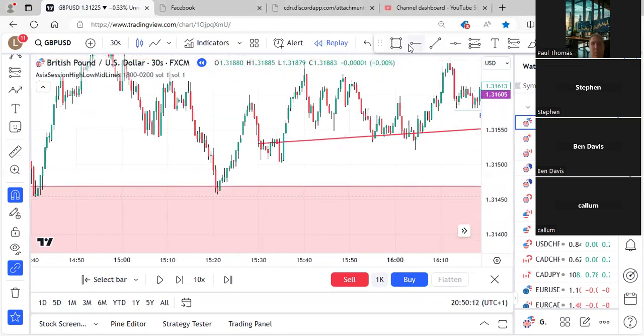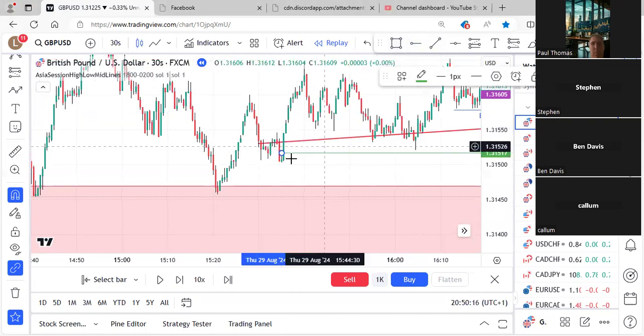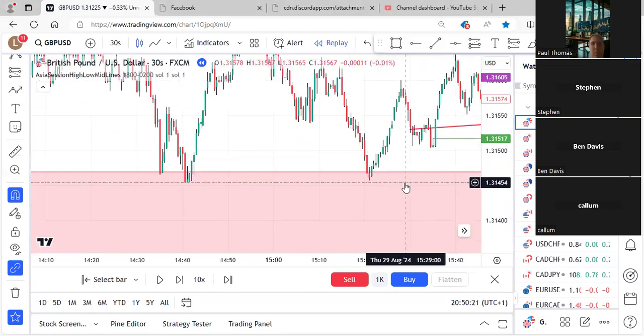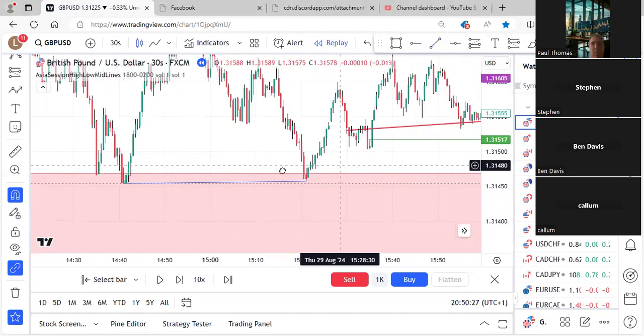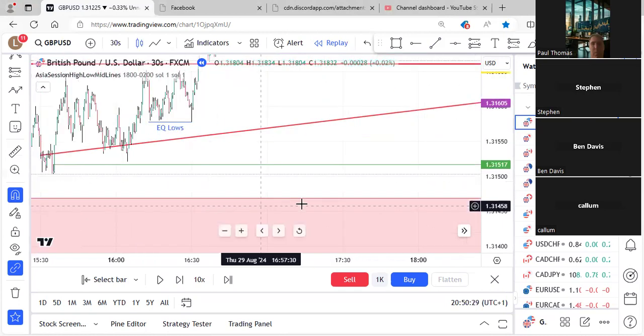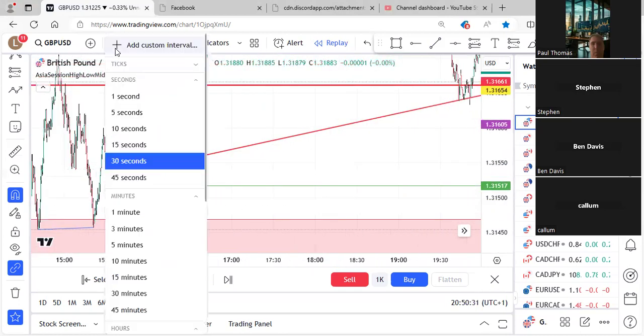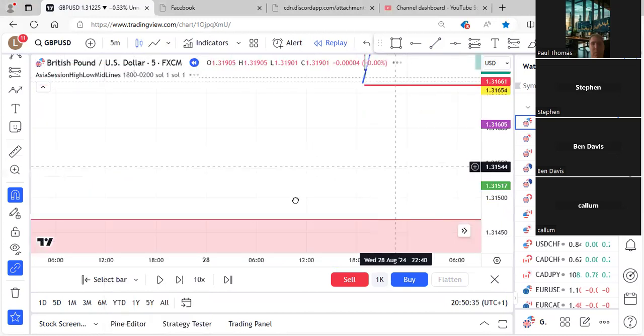And then we start getting to imbalances down here. Tiny bit of imbalance, but it's there. You've got a possible little BPR. Equal lows here as well. Pretty much. Yeah, that's about that anyway.